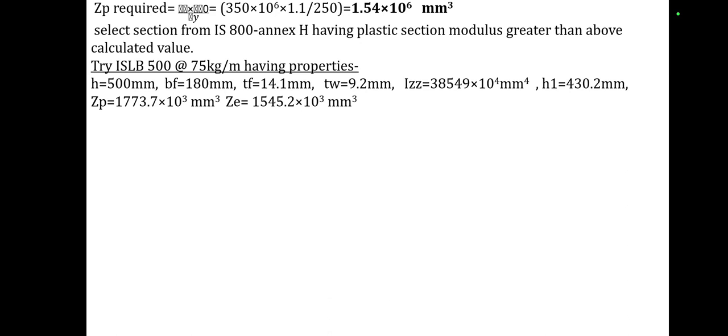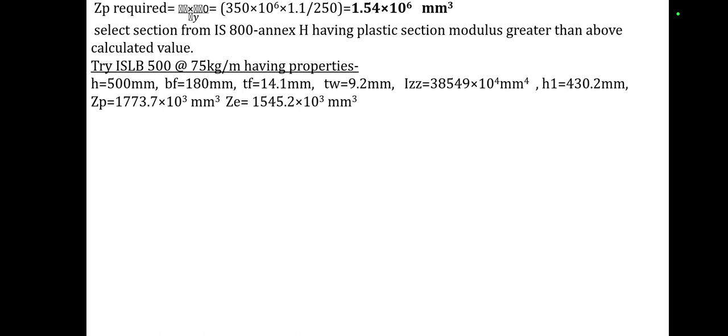Then from the steel table we write down the following properties. H, that is the depth of the section, 500 mm. Bf equals 180 mm, that is the width of the flange. Tf, thickness of the flange, 14.1 mm.